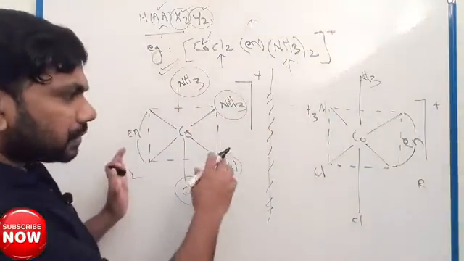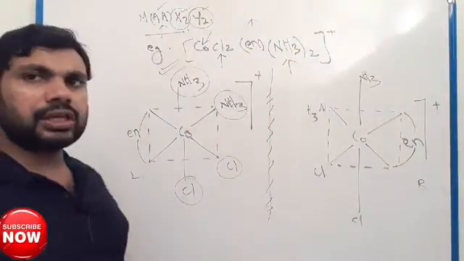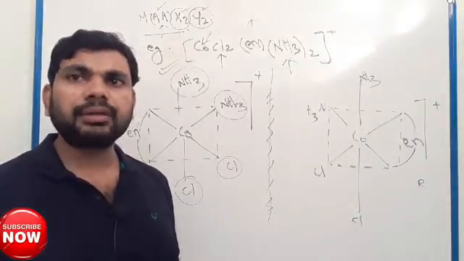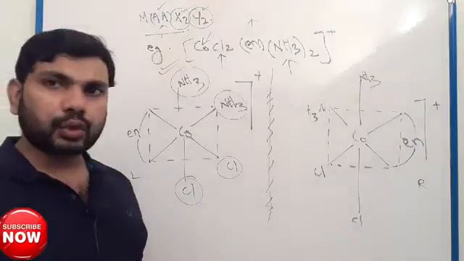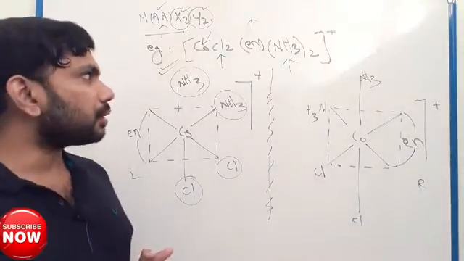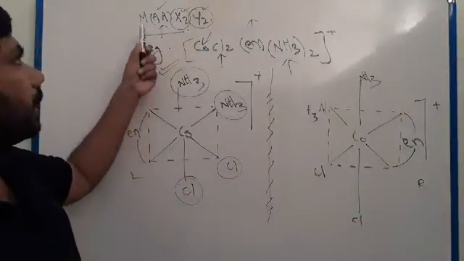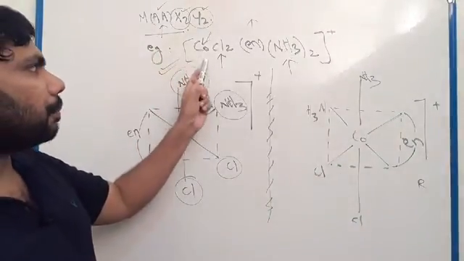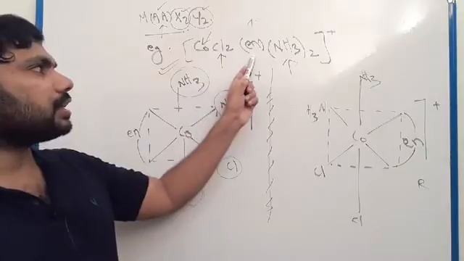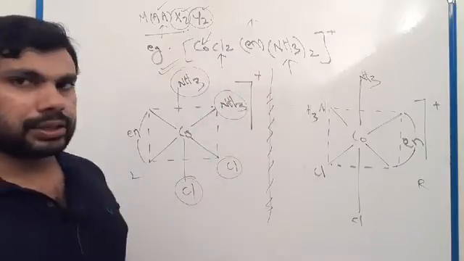So when you observe this mirror image, they are non-superimposable, they are optically active, and they are optical isomers. This is an example for MAAX2Y2.